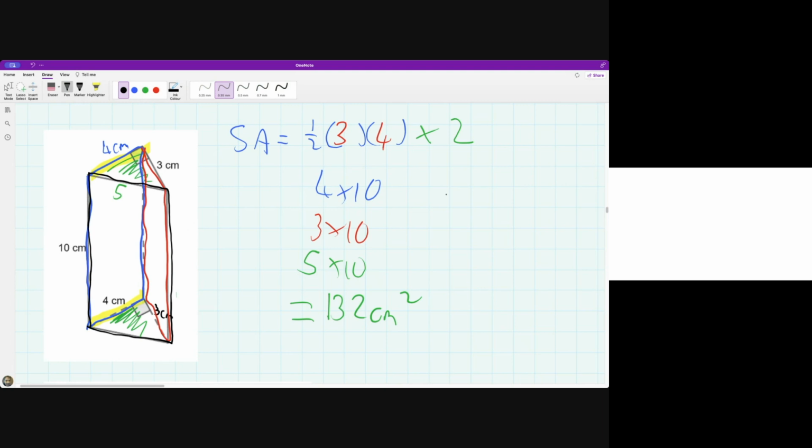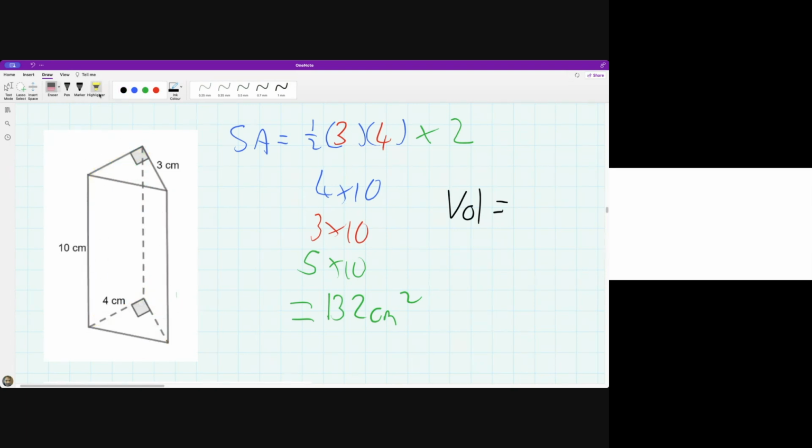Now, before we move on, I also want you to find me the volume of this triangular prism. What is the volume of this triangular prism? I'll give you a hint. You only need to really worry about the base and one other thing. What is the volume going to be?